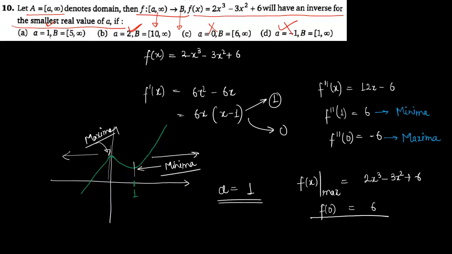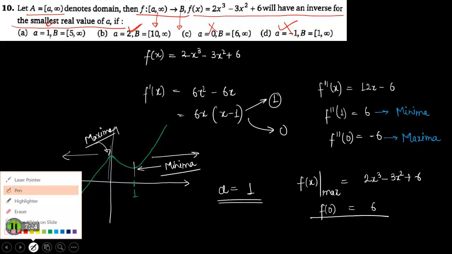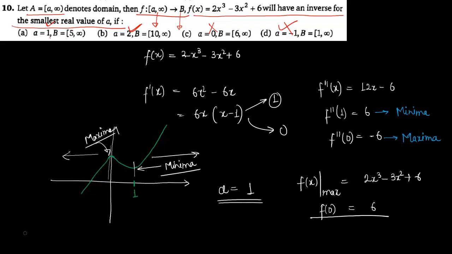So its maximum value is 6. So the codomain is also satisfied in the first option, which is [5, infinity), since the range is a subset of the codomain, so 6 lies in this codomain. So the correct option will be A. Thank you.